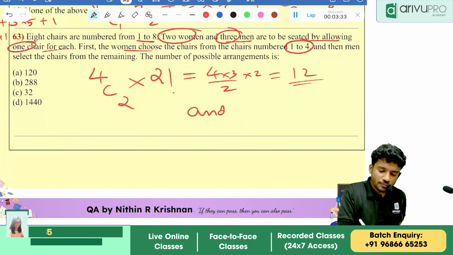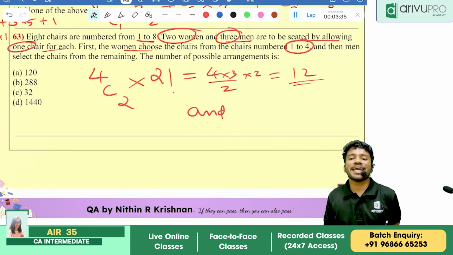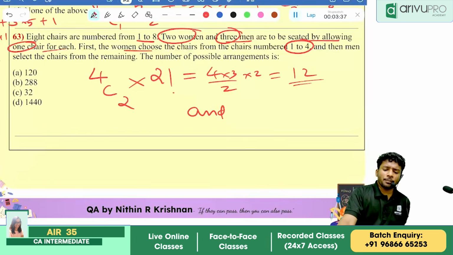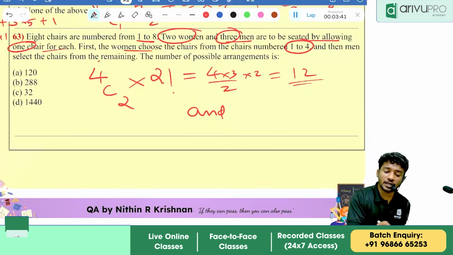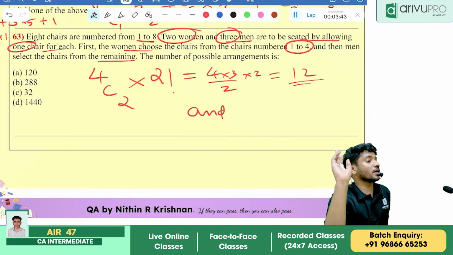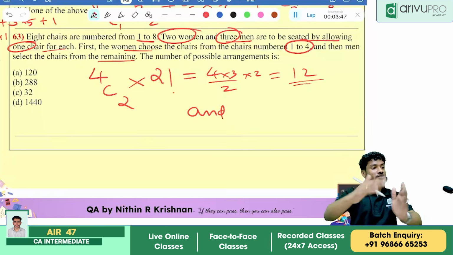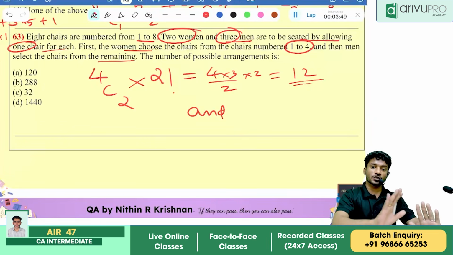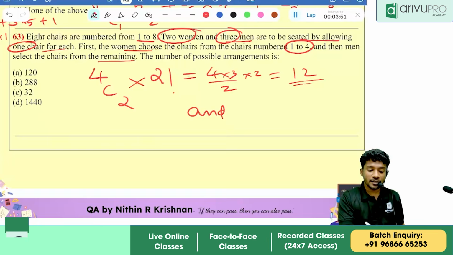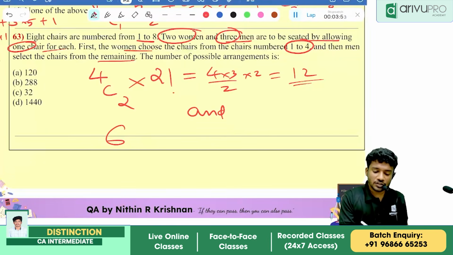And we should talk about men. How many ways can men choose? Men will choose from the remaining chairs. How many are remaining, people? 6 are remaining. Why? 2 chairs already have people sitting in them. So 6 chairs are remaining. 6C, how many men are there? 3.